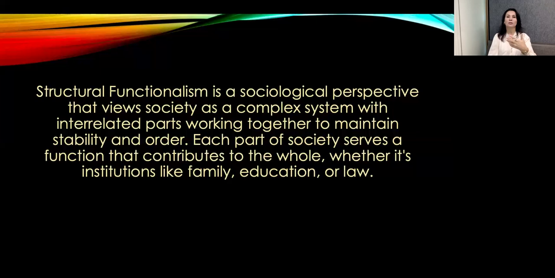So we internalize the social norms of these institutions, and then we know what to do when we go to them. Each part of society serves a function that contributes to the whole society, whether it's an institution like family, education, or law. All of them work together to keep this stability, which I already explained.